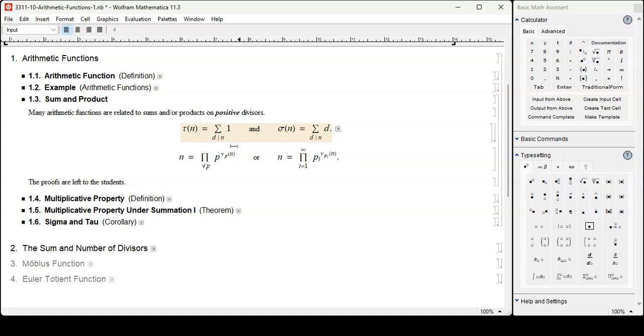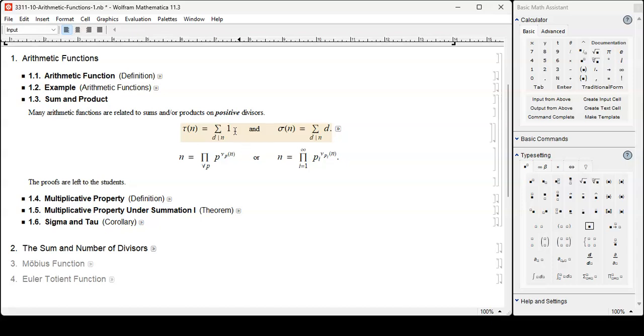You see, adding ones each time d divides n, it's just counting. Each time a positive divisor d appears, add 1. So it's just counting. Therefore, this summation is the same as counting, and this one is the counting function, tau of n. Now sigma n, this time we just add up that very d, so we get the sum of all positive divisors.